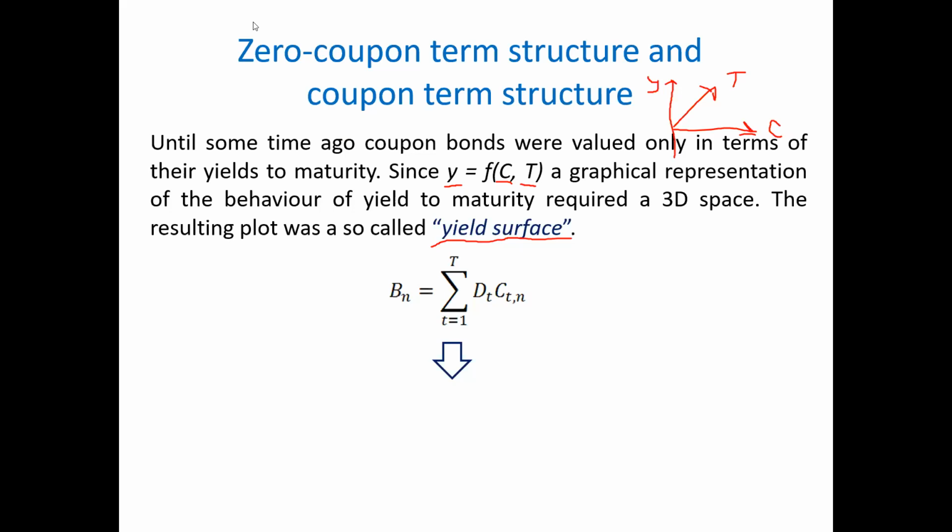So the yield to maturity lies above the surface. So it's definitely mispriced. In what direction? Underpriced. Well, this is true because the yield is above the surface. That is, the yield is too high, unjustifiably high, and therefore the price is too low, unjustifiably low. Recall there is an inverse relationship between the yield to maturity and the bond's price.